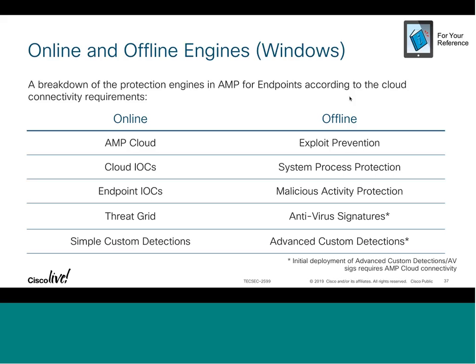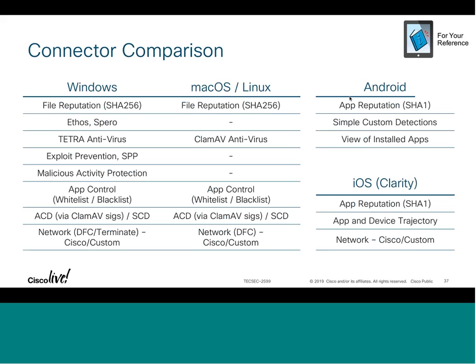That's a lovely summary of what needs to talk to your public or private AMP cloud resources and what doesn't. And here's a quick reference of the engines and protection mechanisms platform by platform. Basically everything has some level of hash-based reputation lookup.